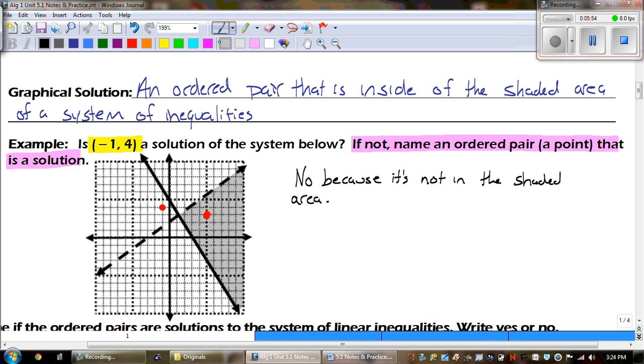It's inside of the shaded area. And guys, I'm just going randomly. You could have picked any one of those. All of those are solutions. So I'm going to say the ordered pair (5, 3) is a solution.